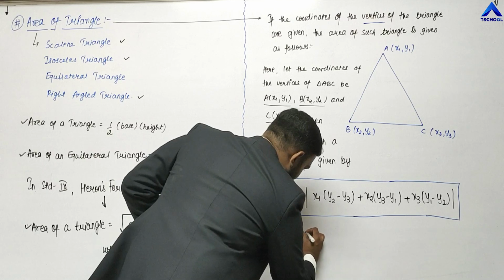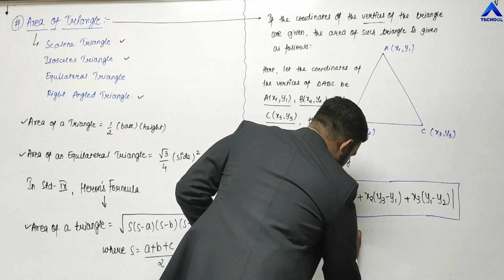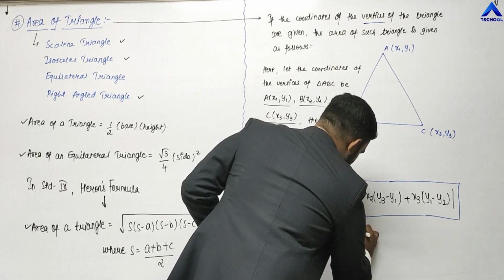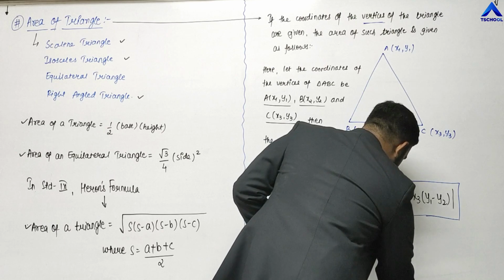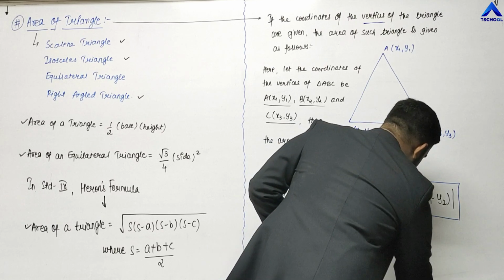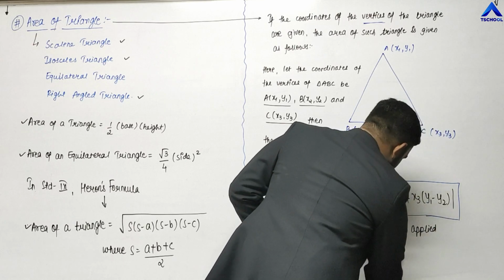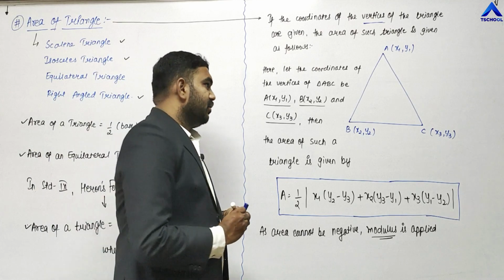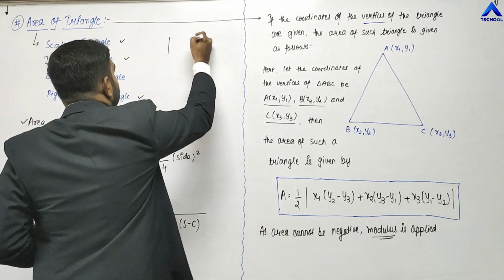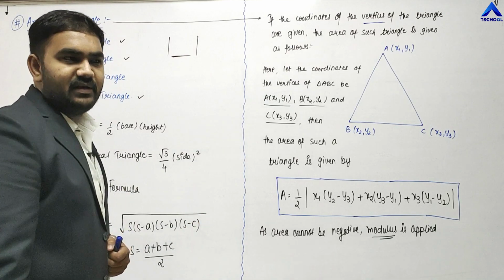Area cannot be negative, so modulus is applied. Modulus, friends, is simply two vertical lines in which some number or variable is written.